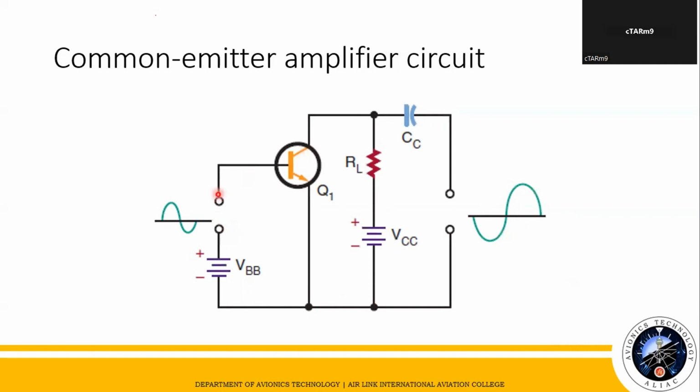So, ang nangyayari naman, dito papasok signal. Ang nagiging common niya is yung kay emitter. So, the emitter is common to both the input and output circuit. This method of connecting a transistor is the most widely used. So, ulitin natin, yung flow.